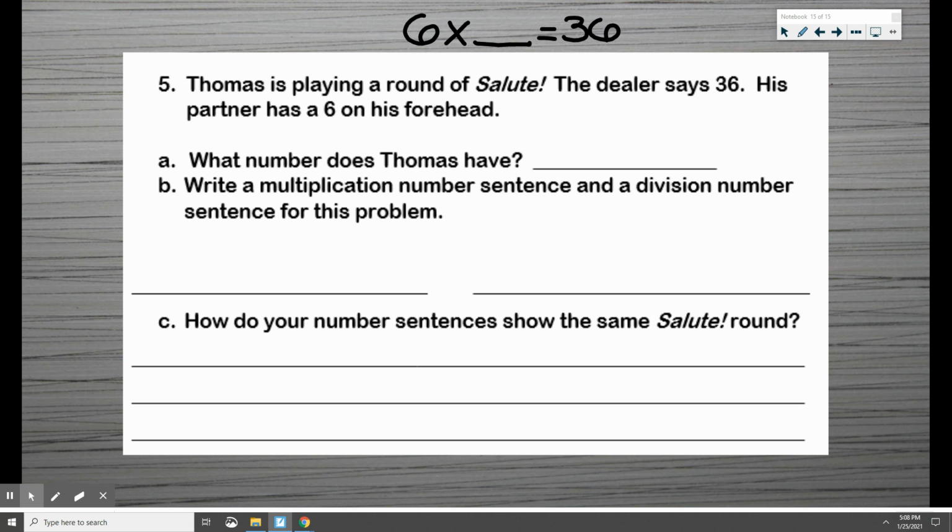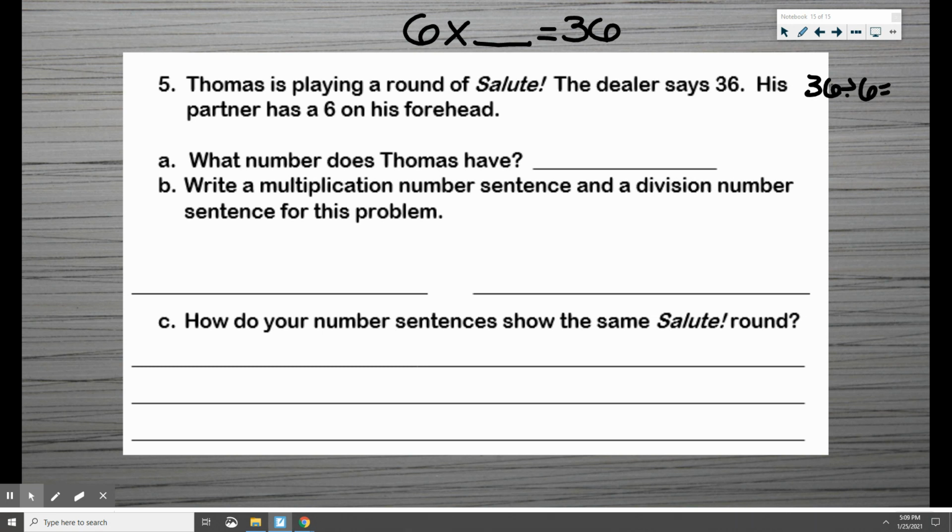That's how salute works. One way that I can do that is if I can count by 6, but counting by 6s is difficult. You might know your multiplication facts, and that's awesome, but I don't, so I'm going to use my fact family to come up with this problem.